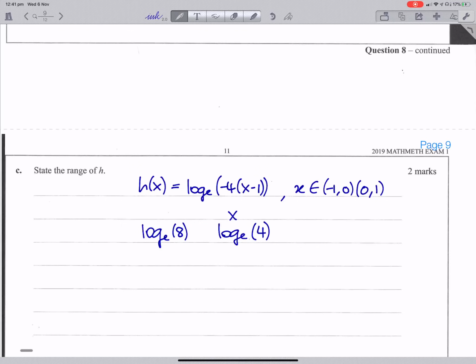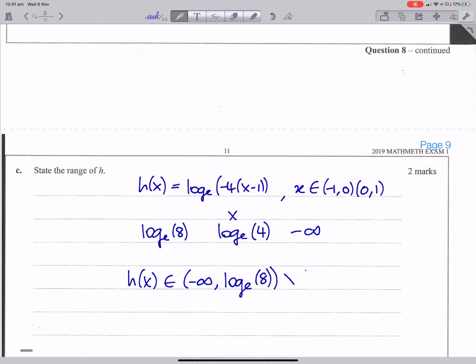And then if we put 1 in, we get log e of -4 times 0. So that'll be -infinity. Okay, so our range of h of x is an element. Our lowest value is -infinity. Our highest value is log e 8, which also isn't included because it's got a round bracket.